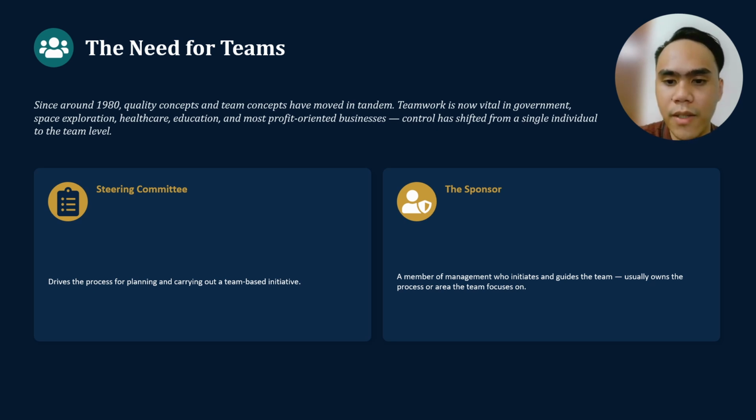That process is often driven by a steering committee focused specifically on driving business improvement, and critically, a member of management called the sponsor is typically identified, taking responsibility for initiating and guiding the team. The sponsor is usually the individual who owns the process or area where the team work is focused. This is where it gives real authority to remove obstacles that the team itself cannot clear on its own.